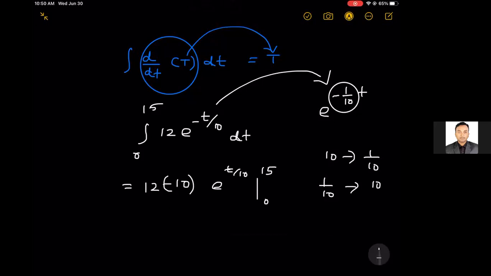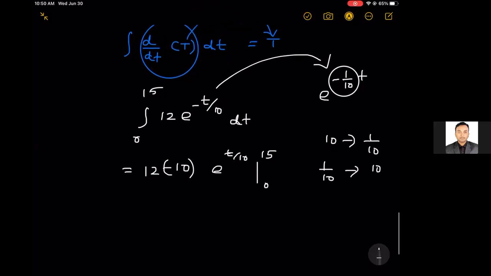Again, any question before we do the evaluation part? Any question? No question at all? Okay, so this would be negative 120 e to the 15 over 10 minus e to the 0.